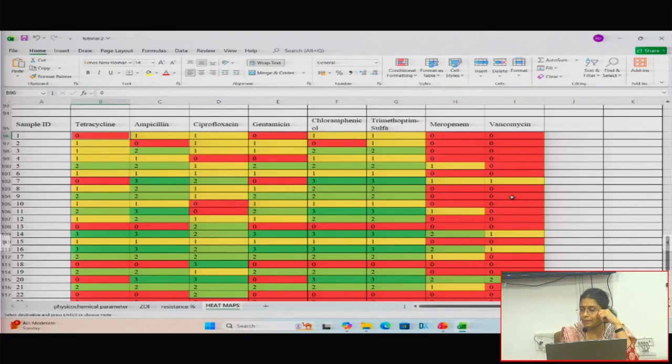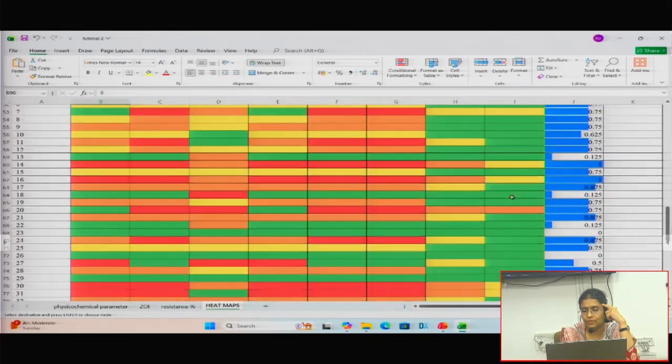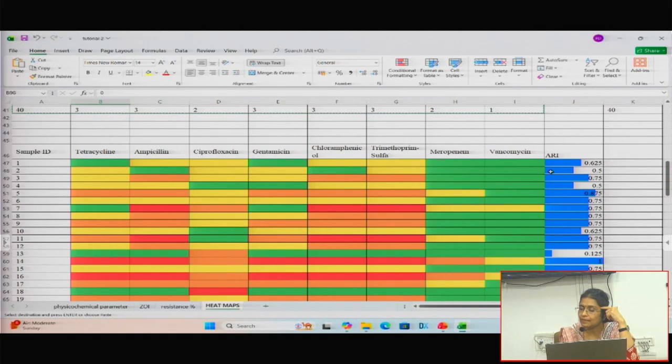Okay. Apart from this, if you go up, so here also what I've shown is pretty much the same thing. You have one more indicator you can calculate, which is called ARI, standing for antibiotic resistance index.